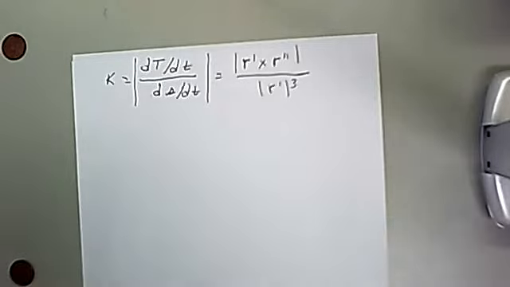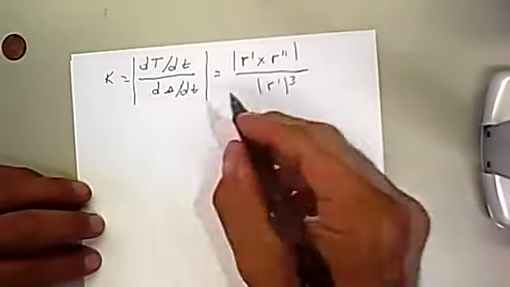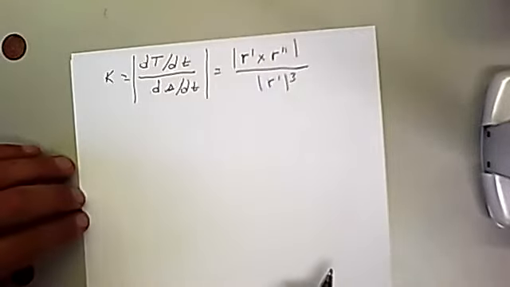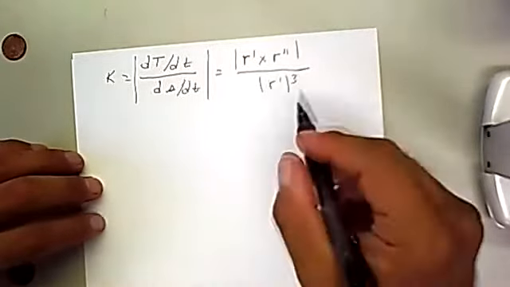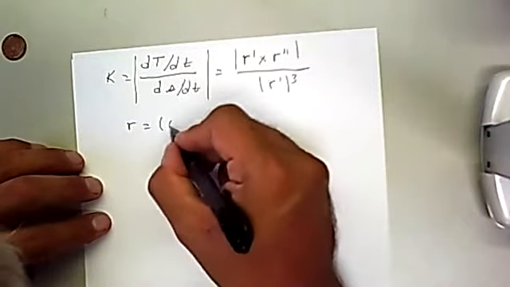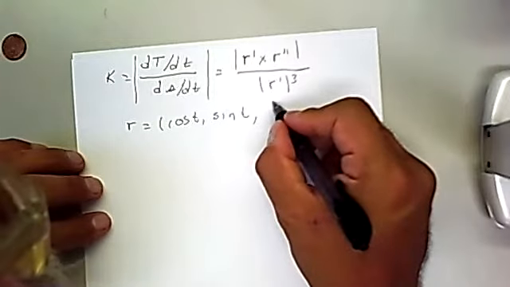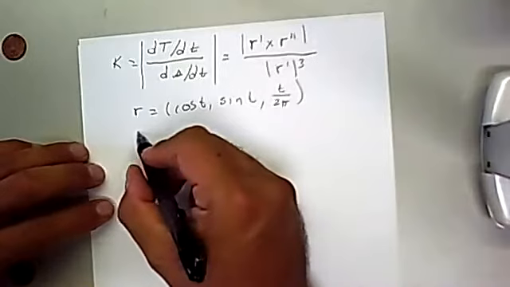In fact, we're going to repeat the same example. We're going to find the curvature of the helix again using this formula instead. You're going to see how much faster it is this way. Okay, so r equals cosine t, sine t, t over 2 pi, same helix we've been working on for a little while.